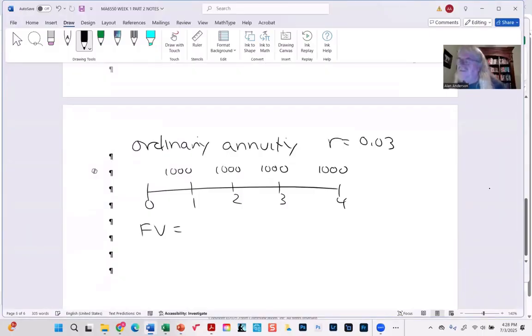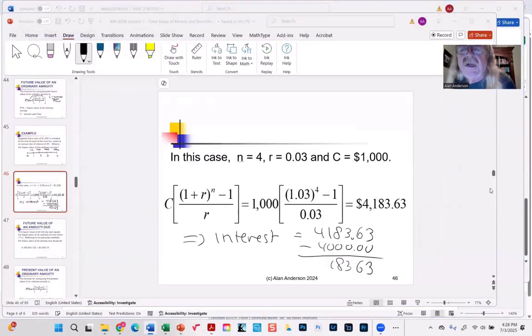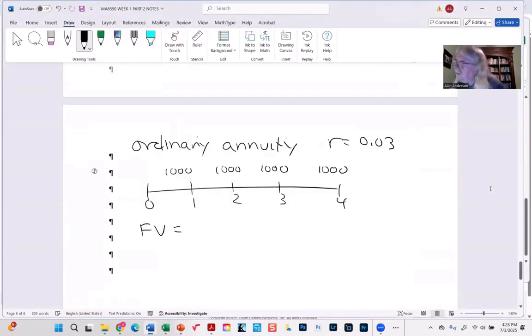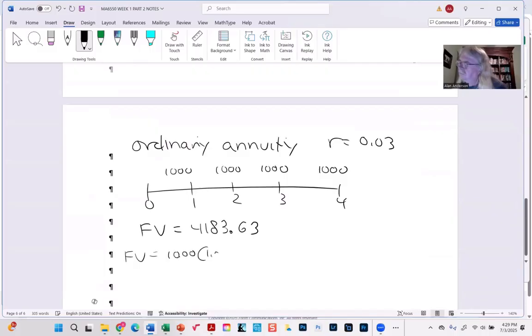Now we've already determined that the future value is 4183.63. If we had chosen to do this with the individual cash flows, we would have done it this way. So the first cash flow is being invested for 3 years. The second cash flow is being invested for 2 years.